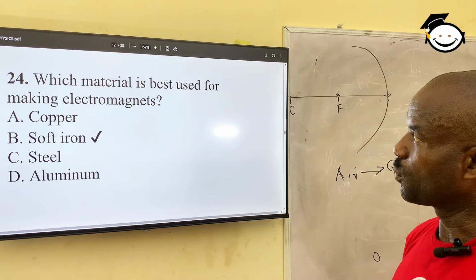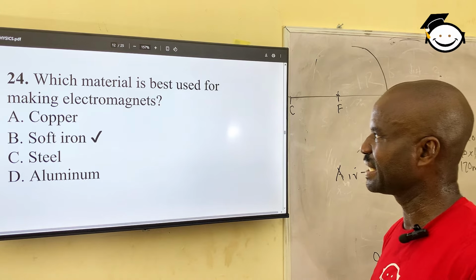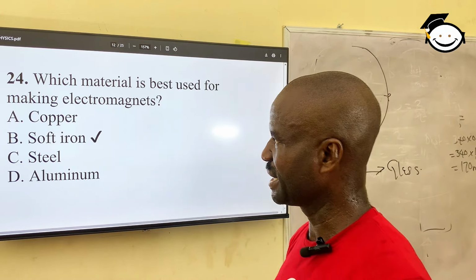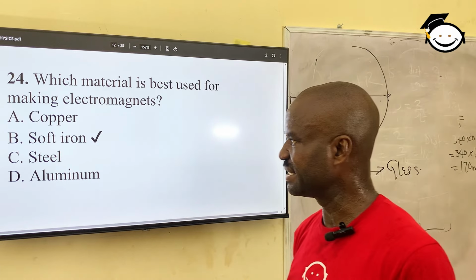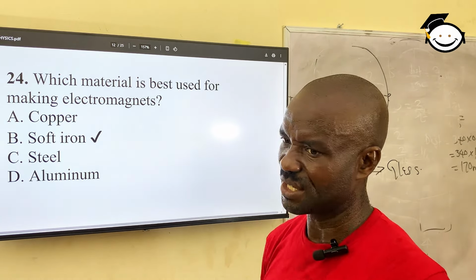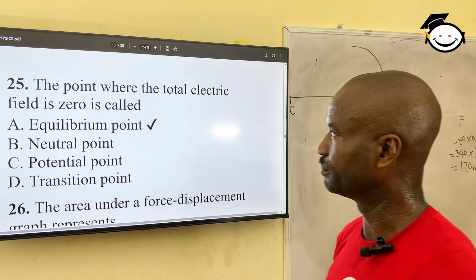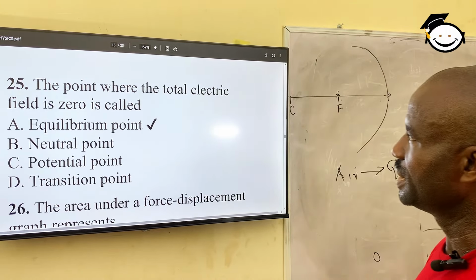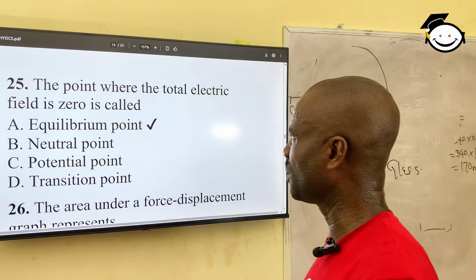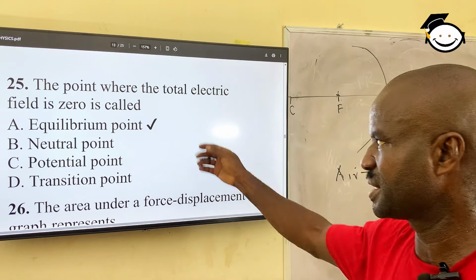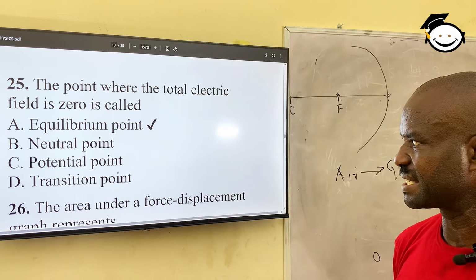Number 24. Which material is best used for making an electromagnet? Copper wire? No. Soft iron, steel, and aluminium. The correct answer is soft iron. Question 25. The point where the total electric field is zero is called A, equilibrium point, B, neutral point, C, potential point, and D, transition point.